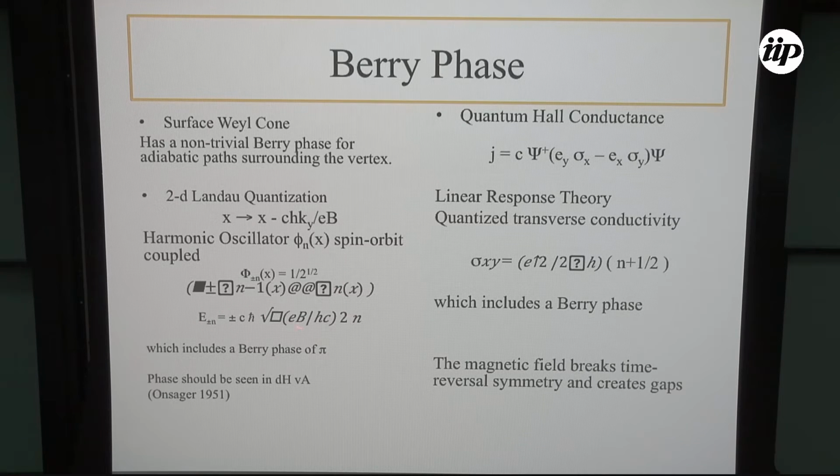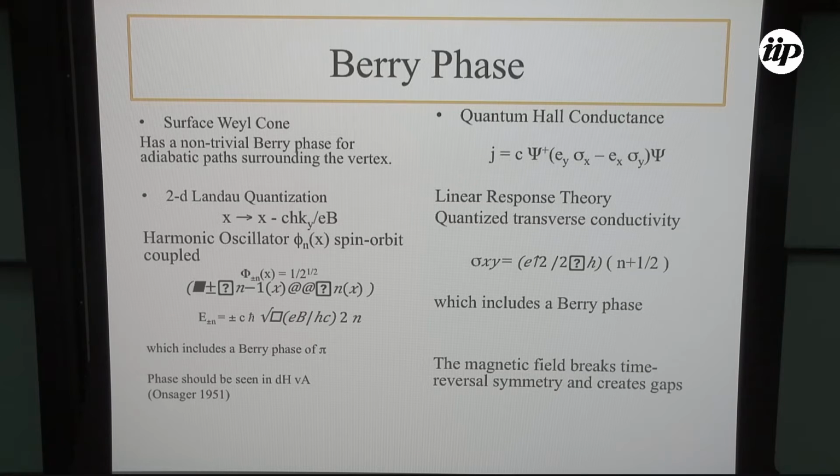The energies are given by the square root of the magnetic field times n, and the difference from the normal 2D electron gas is that you're missing a factor of a half. Again, that's the Berry phase. It should be seen in de Haas van Alphen oscillations, as pointed out by Onsager.